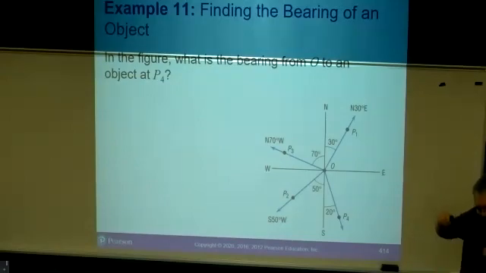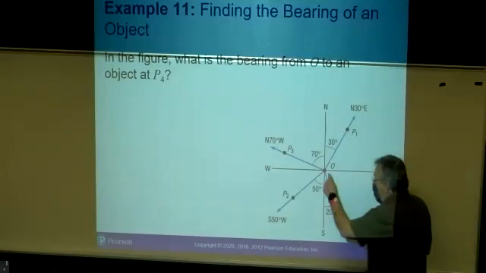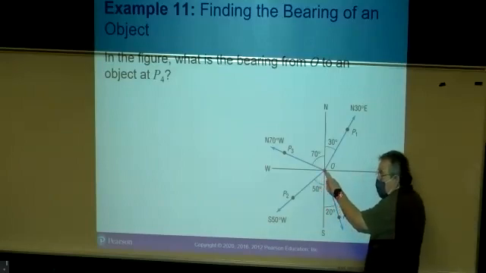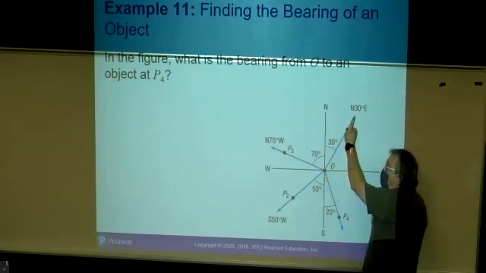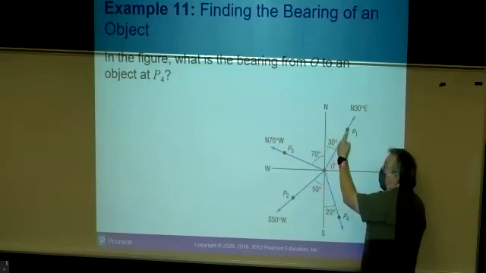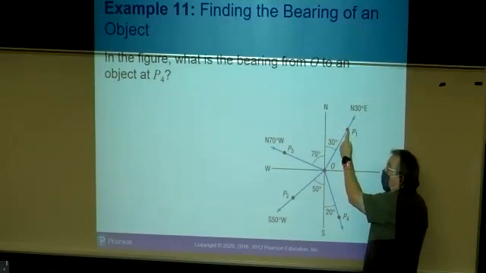And you have to have a reference point because the bearings are based on the origin. So if I'm going in this direction, that means I'm going north 30 degrees east. That's my direction.